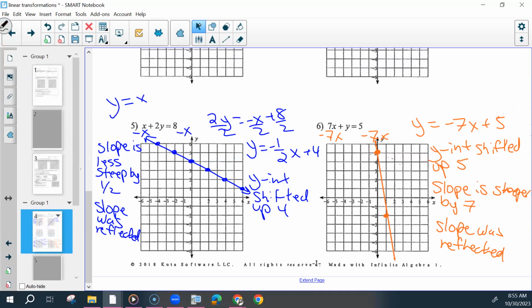So we are going to switch gears to go through review questions for your quiz on Wednesday, your test on Friday.